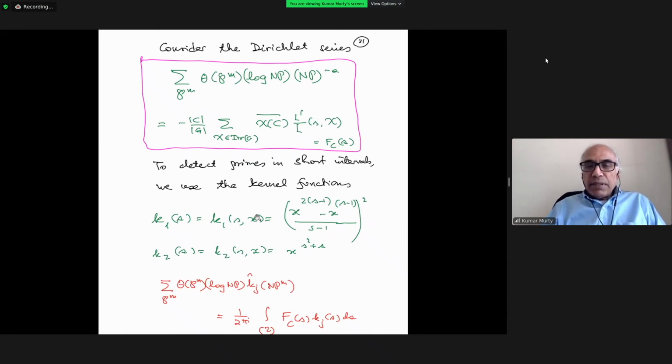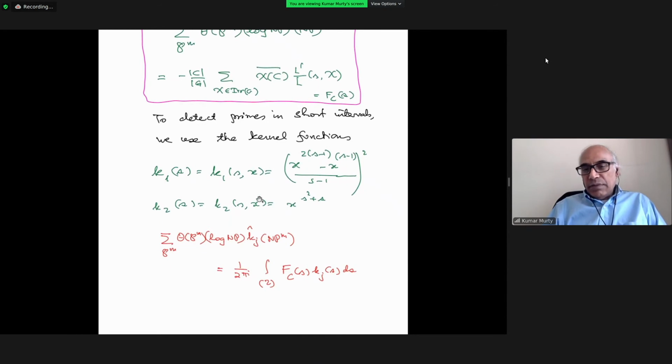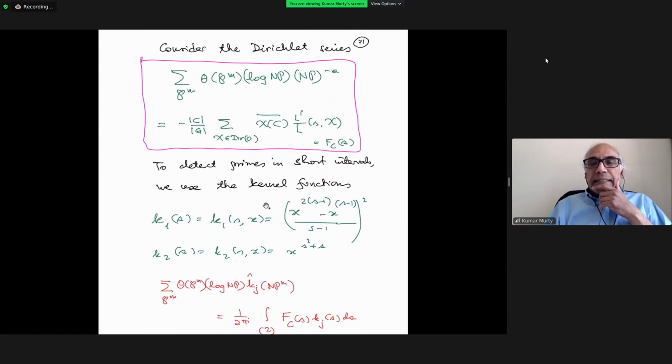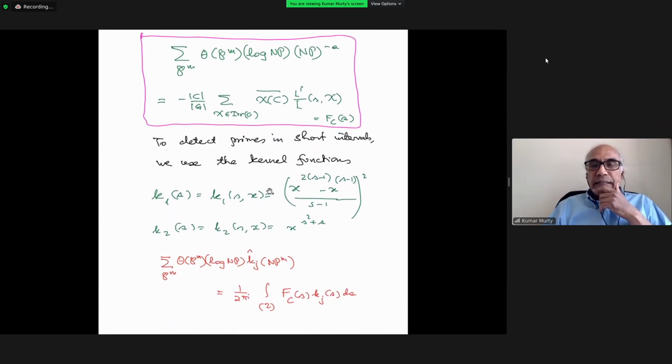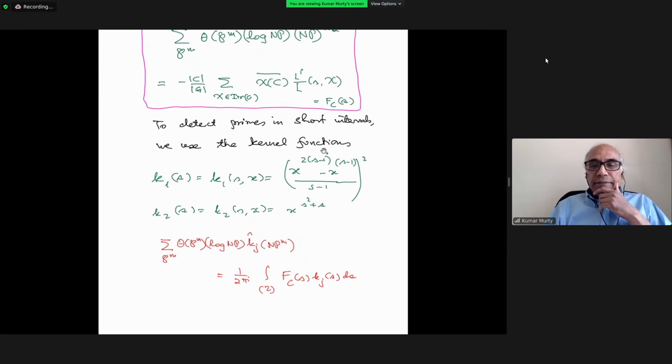So for detecting the presence, as we know already from the proof of Linnik's theorem itself, it's good to use a kernel function. So these are various kernel functions that have been used. We're just using these things that exist in the literature. So if you, instead of just taking a straight integral of this function F_C(s), weight it with these kernel functions K_j, then you will get what we got here.